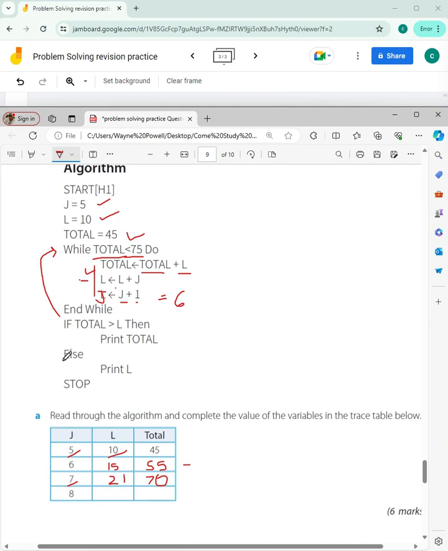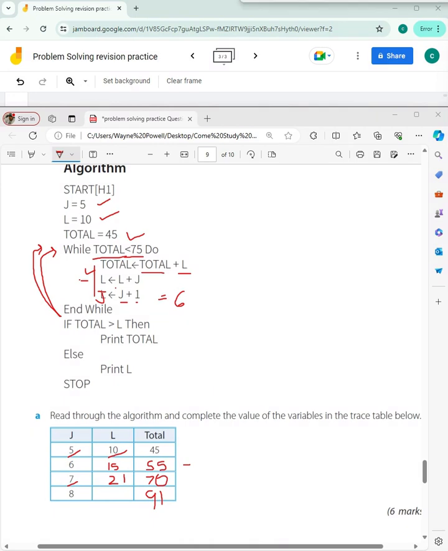Now we're going back to the top of the loop. Is total less than 75? Yes, it is less than 75. So we continue. So we have total plus L, which is 70 plus 21. What is that? 70 plus 21 would give us 91.